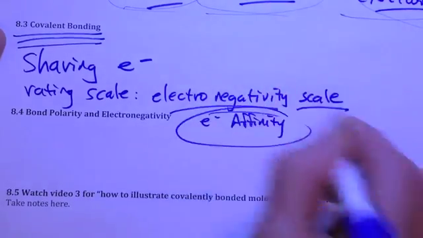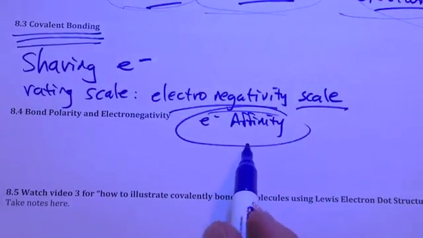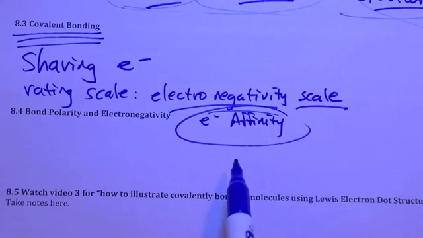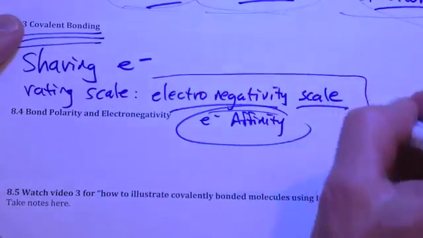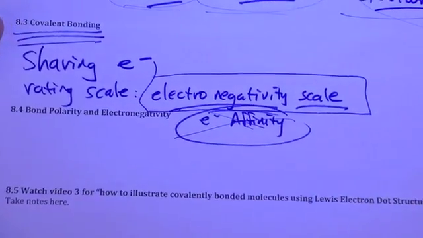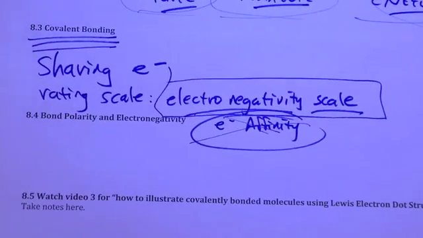In Electron Affinity, we looked at an energy that was released when something gained an electron, or energy that had to be put in to force something to gain an electron. But this electronegativity scale takes away those units, and we just rank things on the periodic table as to which things want electrons the most.